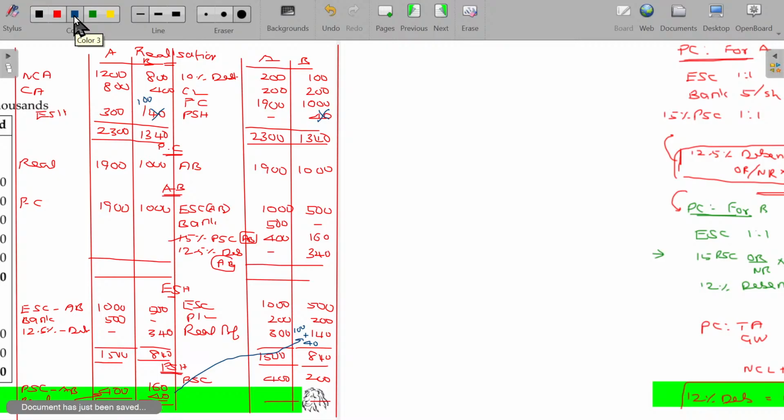Now, we'll start with the first one. I think I don't have any revaluation of assets and liabilities. Yeah, of course, there is a revaluation of assets and liabilities, right? No information regarding the revaluation of assets and liabilities.